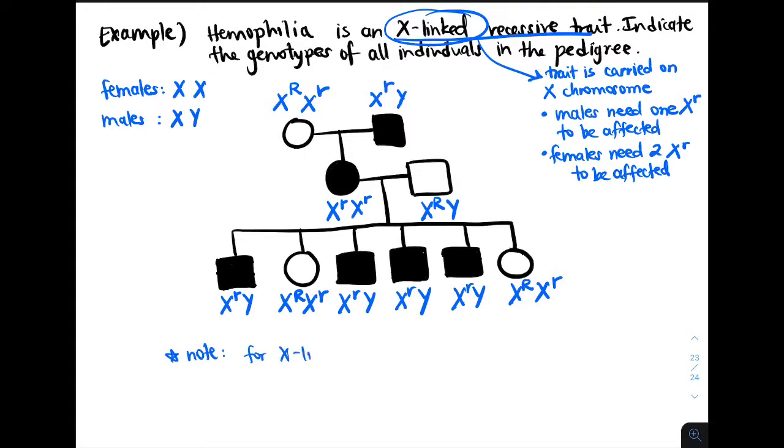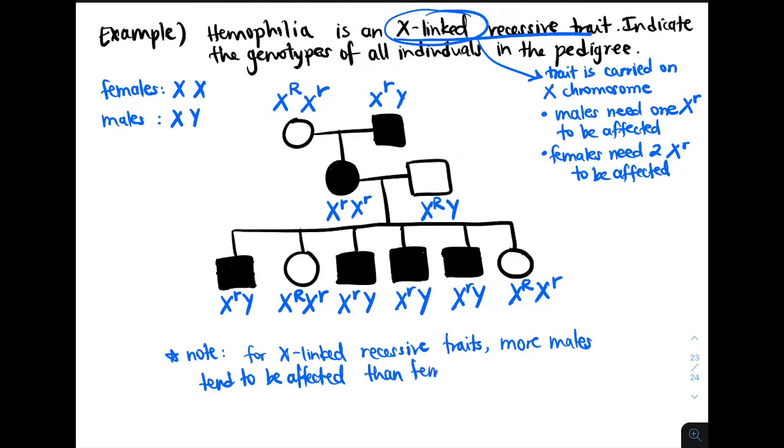Now take note of some key ideas about X-linked recessive traits. For X-linked recessive traits, more males tend to be affected than females. And we can see this in our pedigree because there are more males shaded in than females.